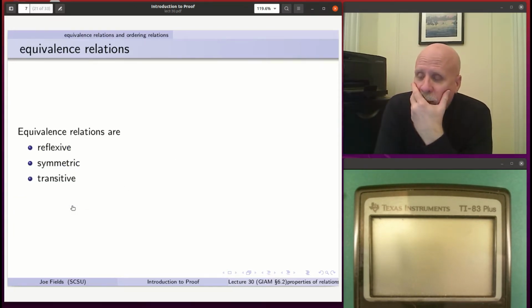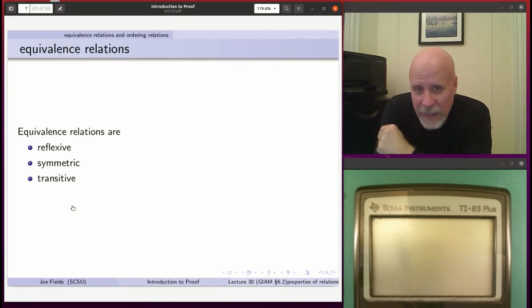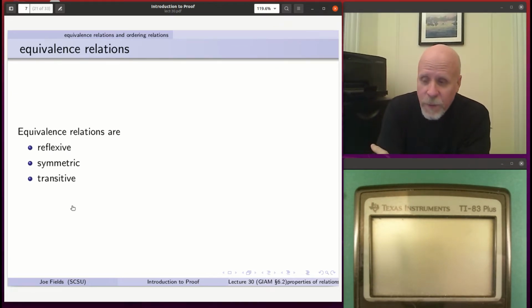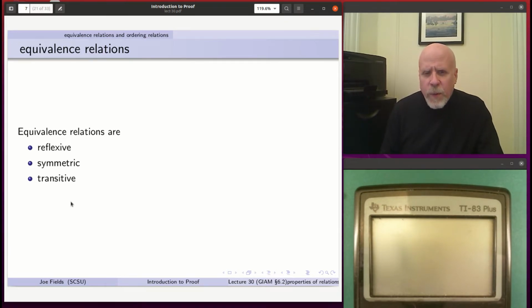Well, actually, it's not fun because it's just three things and you just got to remember them. It's a memorization moment. When you have an equivalence relation, it must have these three properties. Or put it a different way, if you hope to show that something is an equivalence relation, you have to verify these three properties: the reflexive property, the symmetric property, and the transitive property.